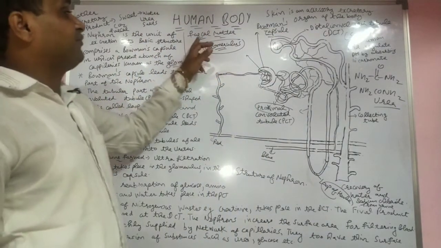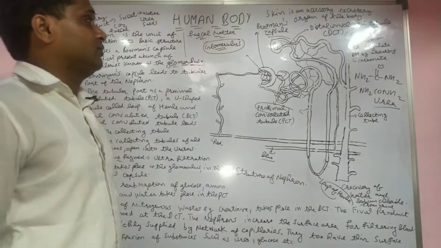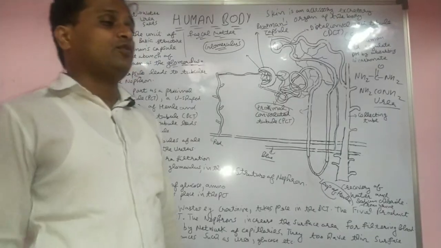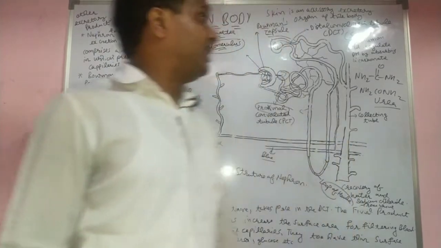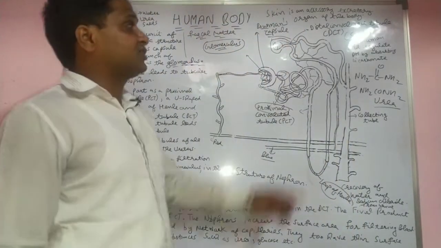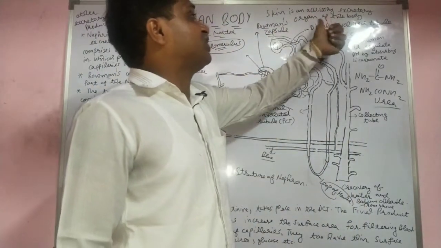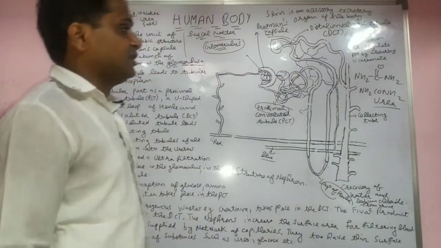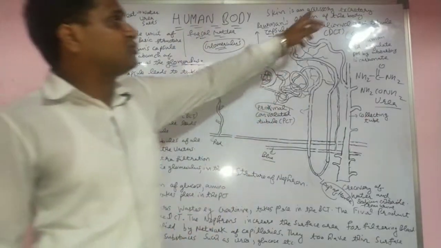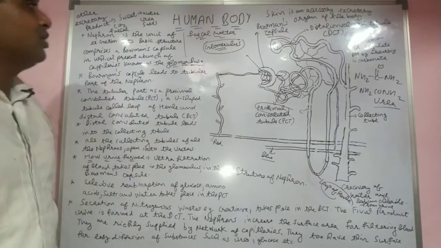Then there is solid matter: undigested food is removed by the large intestine. Skin is an accessory excretory organ of our body.